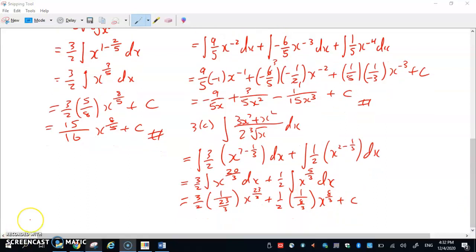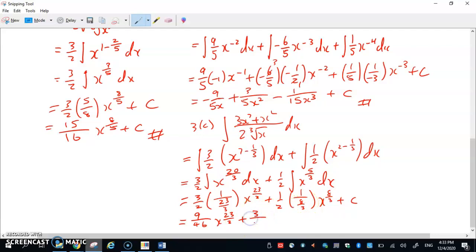So what's the final answer? It is 9 over 46 x to the power of 23 over 3 plus, what is this?